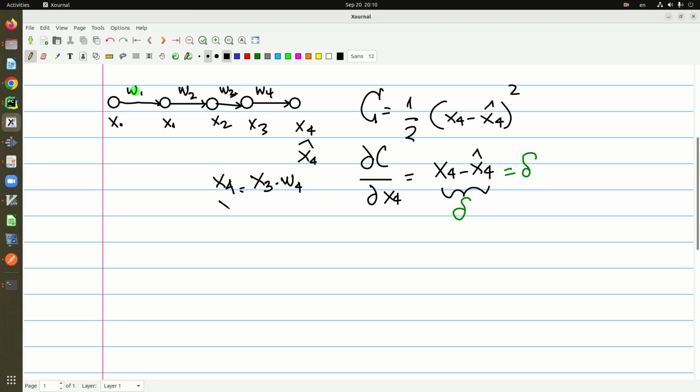With the same token, x3 equals x2 times W3. x2 equals x1 times W2. And x1 equals x0 times W1.